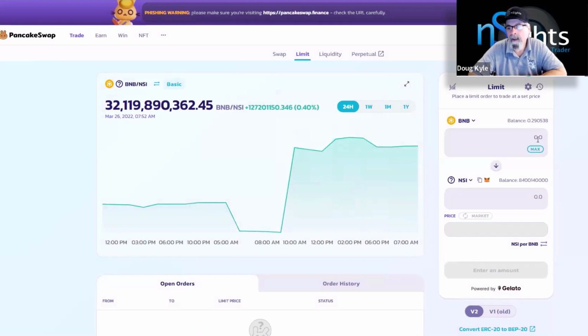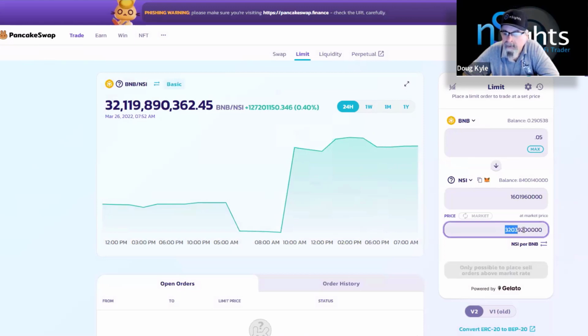Now here's the deal. I'm just going to put in 0.05. This is giving me the NSI per BNB, or the amount of NSI. If I switch this, it's the BNB price.